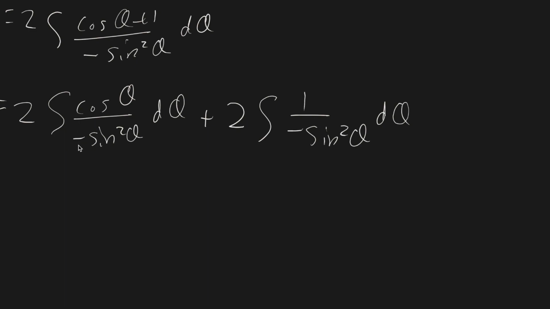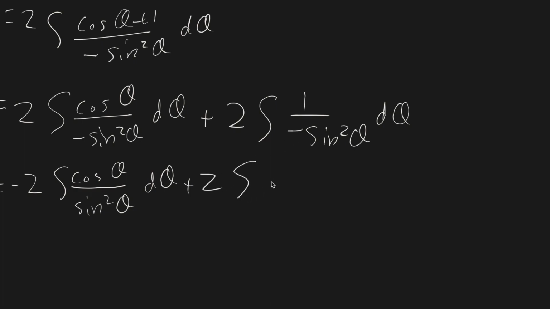Now, for this integral, let's bring the negative 1 outside, making this negative 2 times the integral of cosine theta over sine squared theta d theta. But for this one, let's leave the negative in, because this will become negative cosecant squared theta d theta.